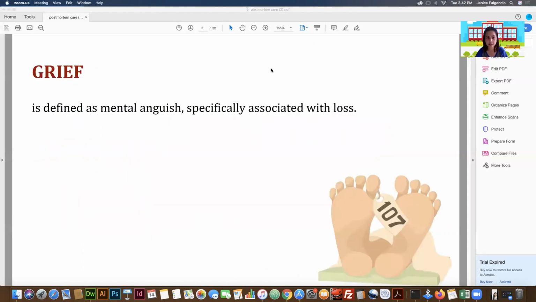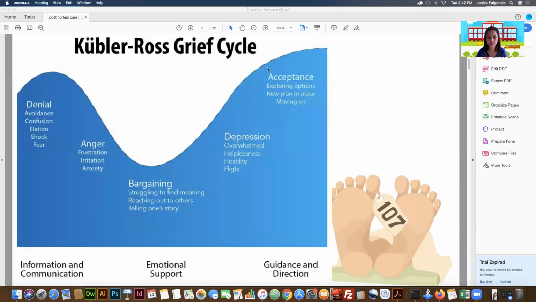First, let us define what grief is. Grief is the usual emotion that we feel for a patient or family member that is lost. It is defined as mental anguish specifically associated with loss.